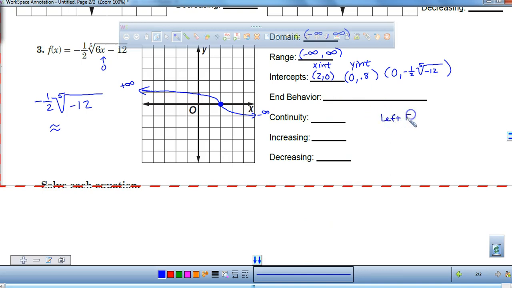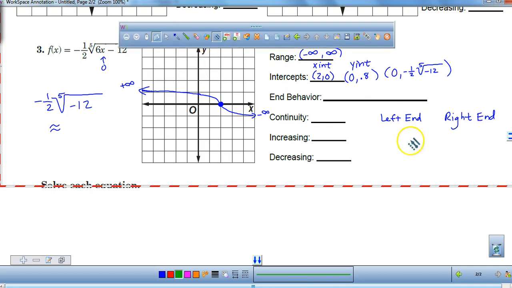I'm going to put left end, and then I'm going to do right end behavior, and I'm going to make a column to separate these answers out for y'all. So the left end behavior.